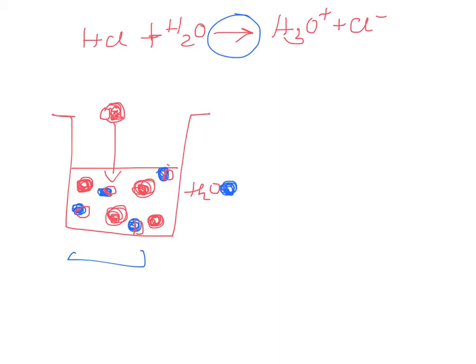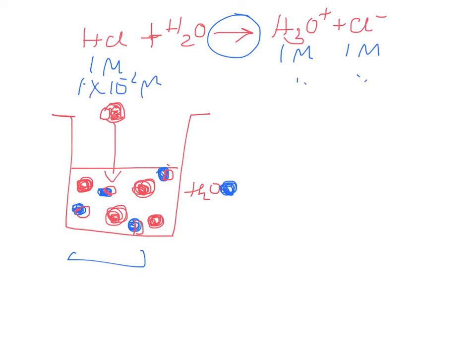So a 1 times 10 to the negative 2 molar solution will have hydronium concentration of 1 times 10 to the negative 2. So if you start with 1 molar, this will be 1 and this will be 1 as well. If you start with 1 times 10 to the negative 2, this will be the same.